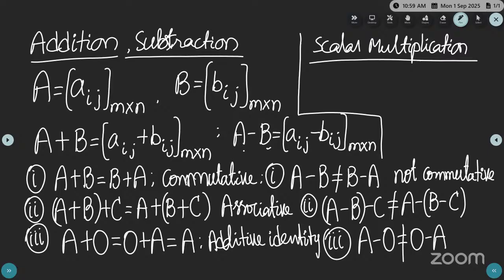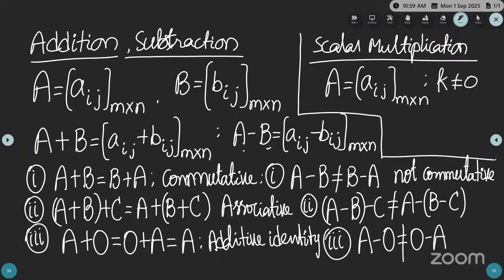If A equals Aij of order m by n and K is a non-zero scalar, then K into A equals K into Aij of order m by n.